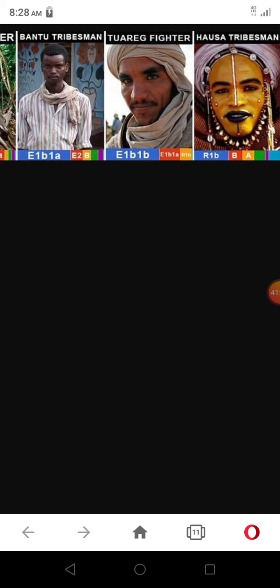So this would be a Fulani person. And as you notice, even though the picture is of a Fulani person, you have R1B. Remember, R1B is that European marker, European and some parts of the eastern coast of America.